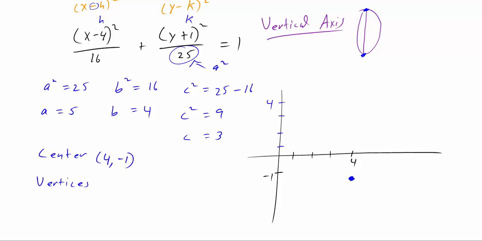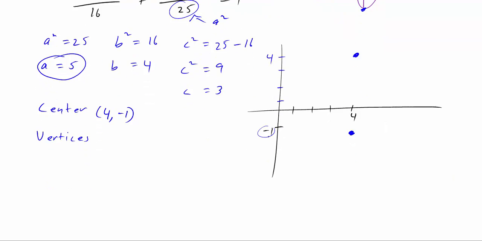Now when we do that, notice we're already at negative 1, so we need to take our y value that's at negative 1, and add our a value. So negative 1 plus 5, or we could simply count up 1, 2, 3, 4, 5, and we're going to end up with our vertex at 4.